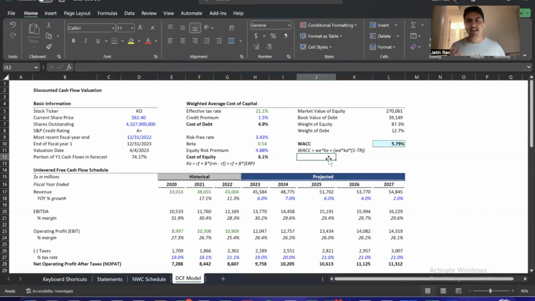But we haven't really said why the weighted average cost of capital is the appropriate discount rate. And part of that is the definition of WACC in and of itself. But let me explain it this way. The discount rate for any asset's future cash flows should properly represent the riskiness of those cash flows being achieved.